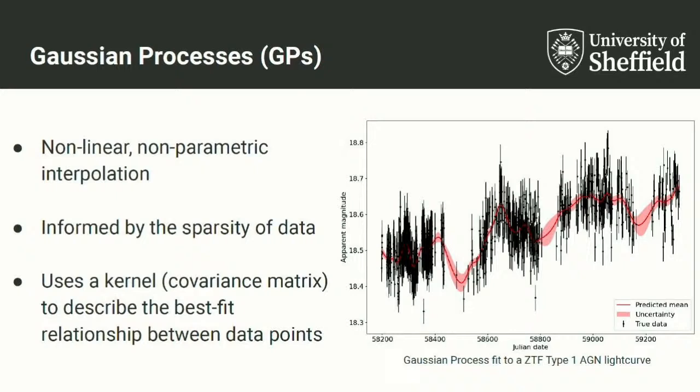And that's the key point of using the Gaussian process in this context, is that it's simply a means of parameterizing the covariance of your data, i.e. variability. And so on the right-hand side is one of my Gaussian process fits to a ZTF-like curve. And as you can see, it predicts the general trend very effectively, and uncertainties change depending on how many data points are in a certain region. And so what it's doing is it's effectively learning how variable your data is, which then allows it to make reasonable predictions about regions of sparse data.